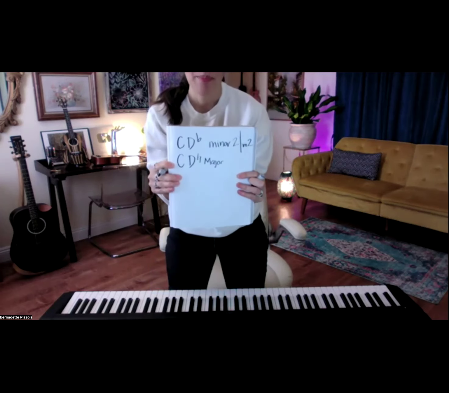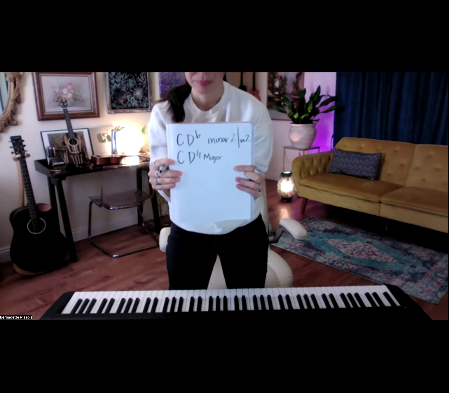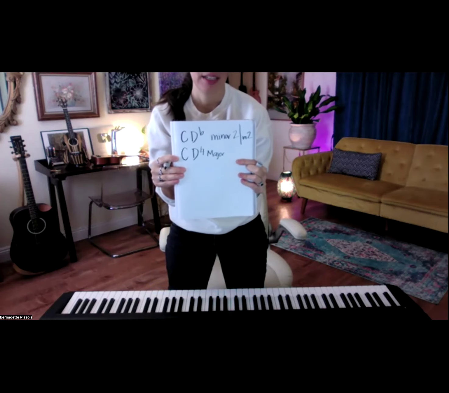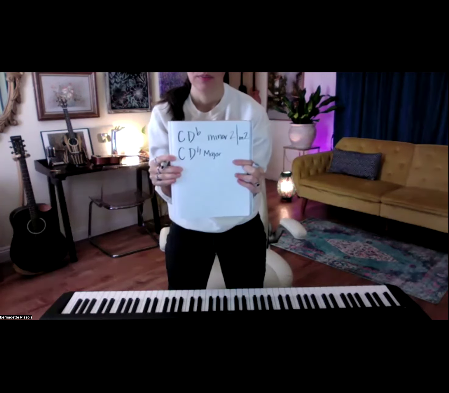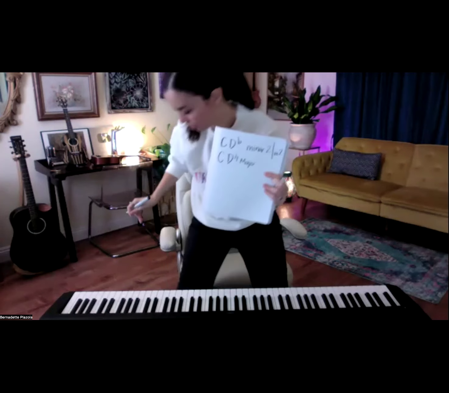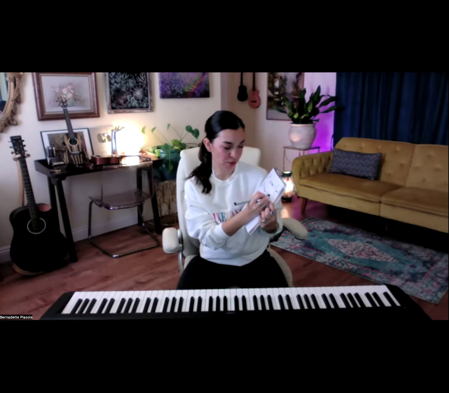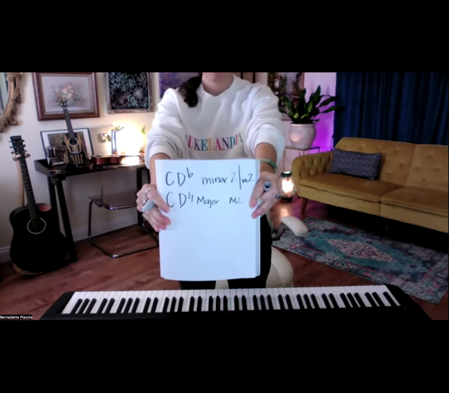You wouldn't write a minor second as C sharp because going from a C to a C is not a second. That's a perfect question, Sandra. So this is called a major second, or capital M2.